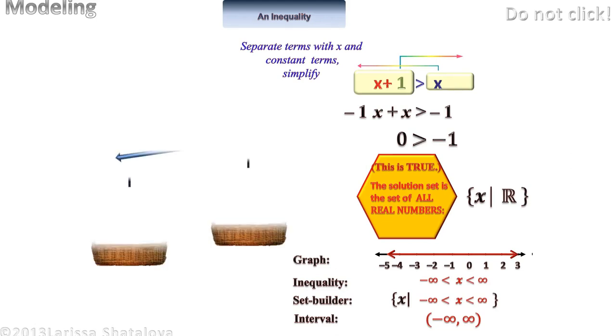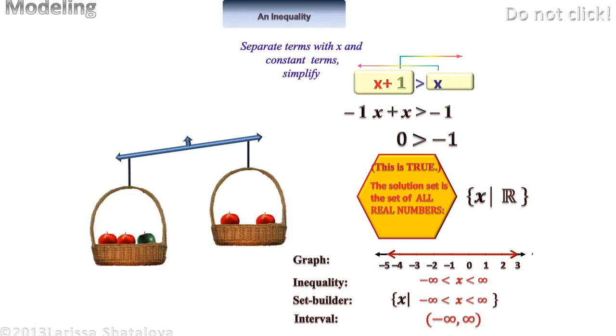Modeling can help us to understand our answer better. Look, if we add one apple to the left basket and one apple to the right basket at the same time, now we have 4 apples and 3 apples. The left side is heavier. If we add one more apple to both sides, then we will have 5 and 4. The left side is heavier.